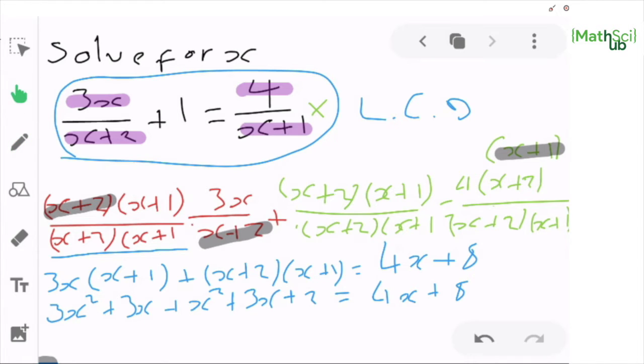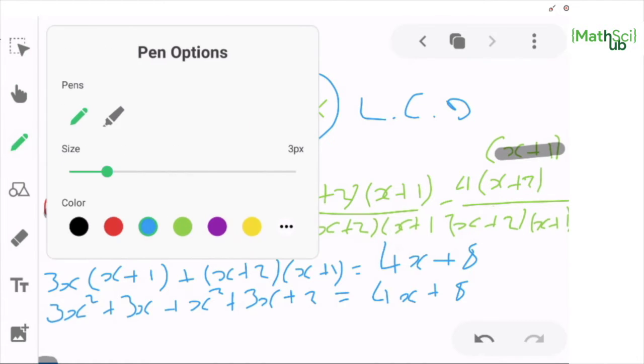Now let's try to get everything else on one side and equate everything else to 0. Meaning we're going to have, let me get a highlighter for this.